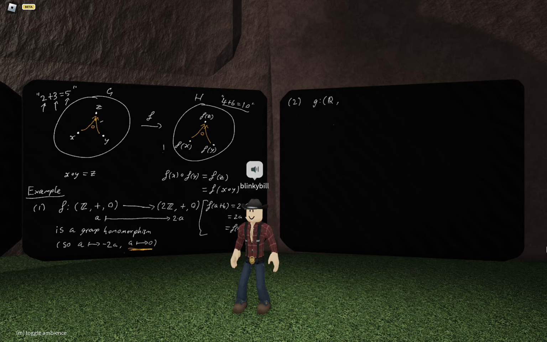I can start with this group, which is all real numbers with addition and 0. Similar to before, but now I've got all real numbers. And here's another group. It's just the positive real numbers, so not including 0. The group operation is multiplication, and the identity is 1.